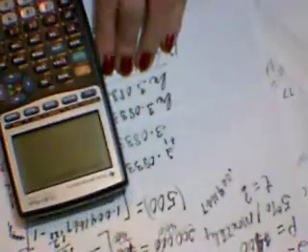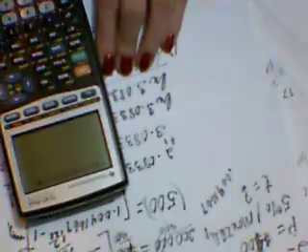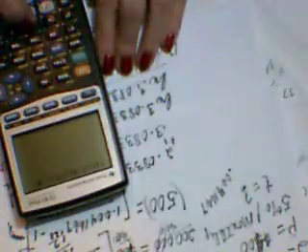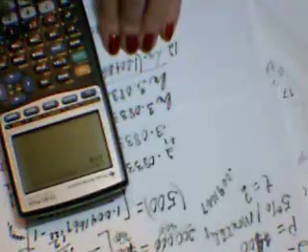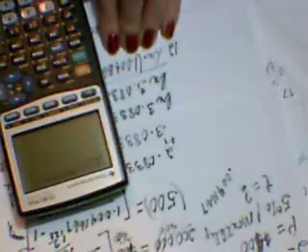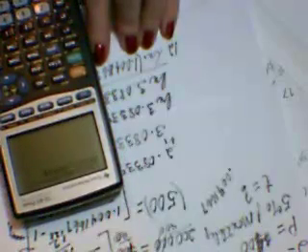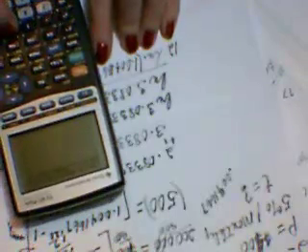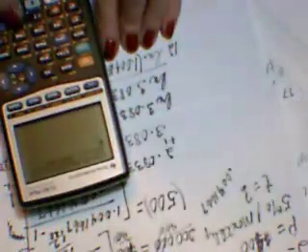So I have the numerator closed in parentheses. I'm going to divide that by, and I have to enclose the denominator in parentheses. So I have a parenthesis 12 times the ln of 1.0041667, close the parenthesis on the ln, and close the parenthesis on the denominator.